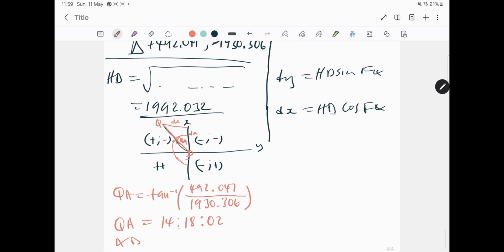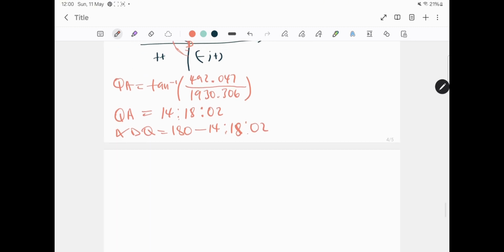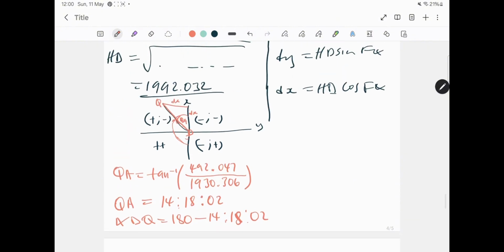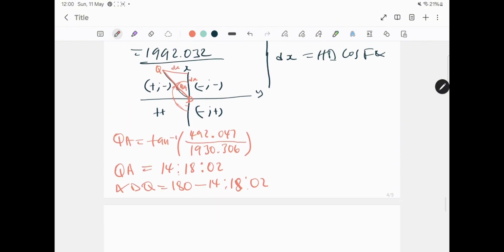So this is the angle that we're going to use for checking. You're not going to use QA in this case because it's not in the first quadrant. It's not equal to the bearing. So bearing DQ is equal to 180 minus this answer here.